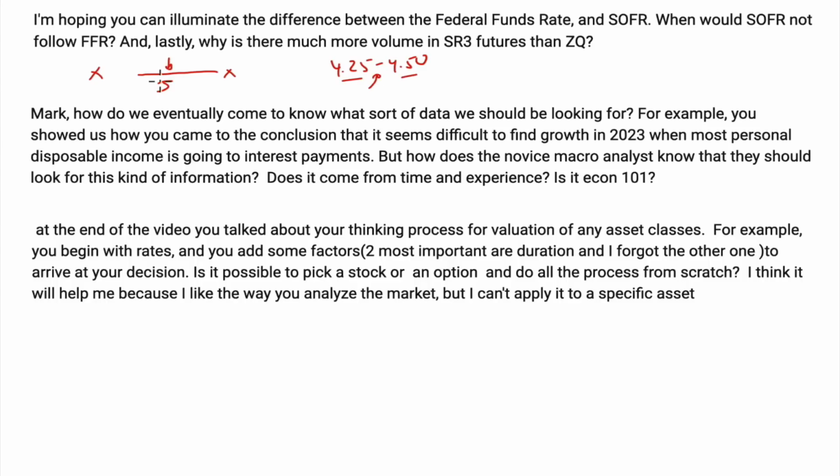So the Fed funds futures for January would have targeted the middle point of the range, and it would have been 100 minus 4.375, and it would have stayed there all month long. Being that we know that that's the target range and there is no central bank meeting during the month of January, it would be trading at that price. What's the point of trading it? Because you're asking how come there is not a lot of volume. So January would have been 95 point, what are we looking at here?